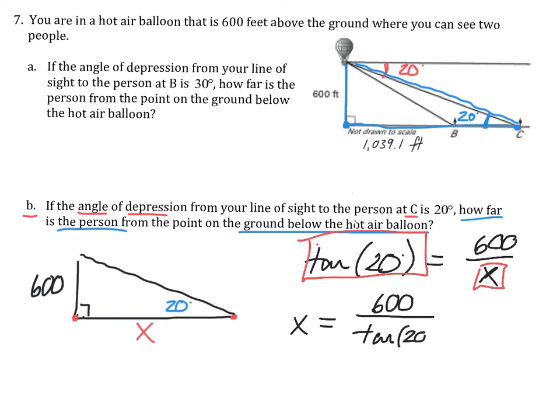So first let's change that tangent of 20 into a decimal, which gives me 0.364 when I round it. So finally, when I plug that into my calculator, I end up with 1,648.4 feet. Now I can fill that into my picture as well.